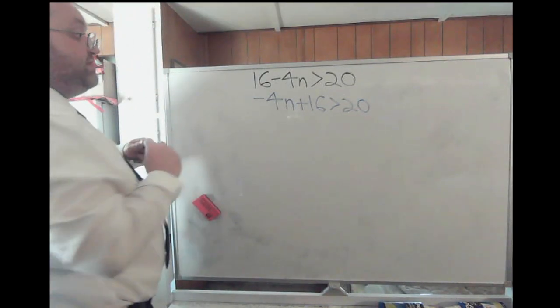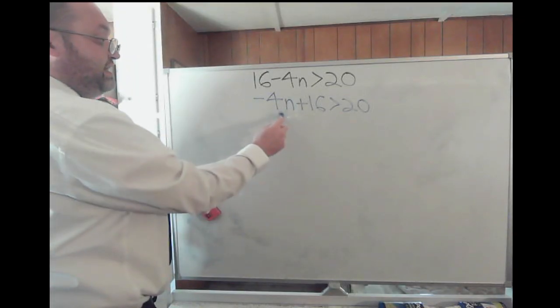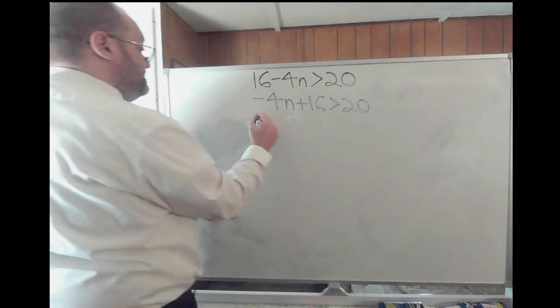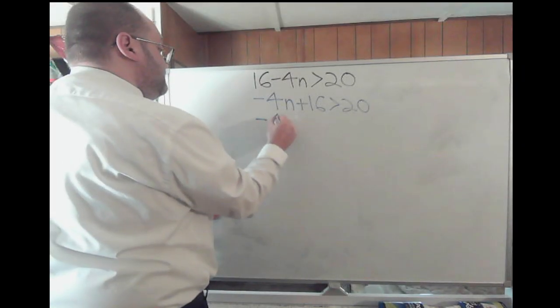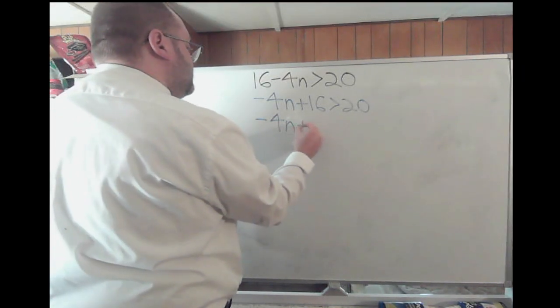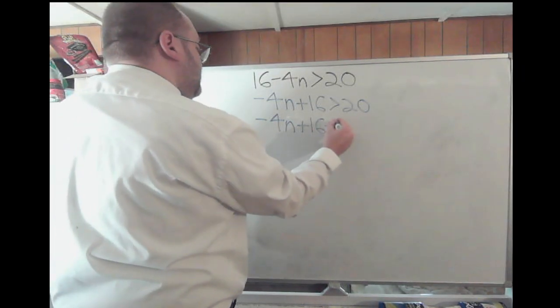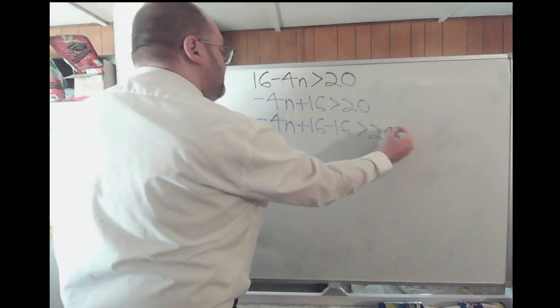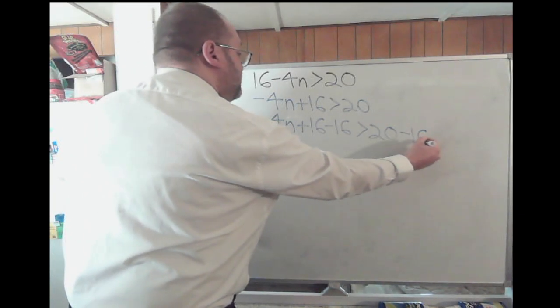Alright, well, we have negative 4n plus 16. We want to get that negative 4n by itself. You have plus 16, that means you need to do minus 16. So you'll have negative 4n plus 16 minus 16 is greater than 20 minus 16.